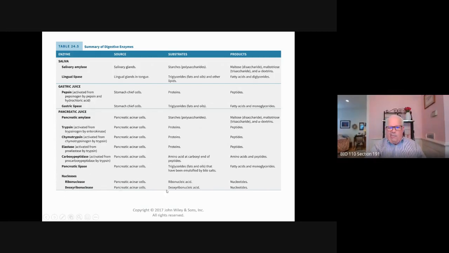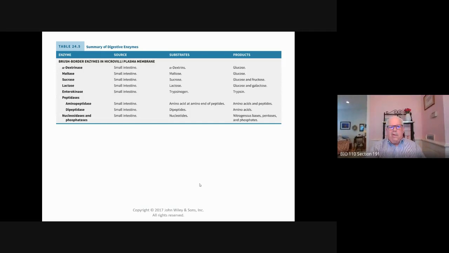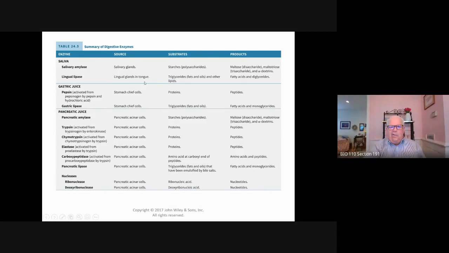The first time nucleic acids are degraded is in the small intestine. Okay? Don't worry about the brush border enzymes. They are not important in the scheme of things. Know this slide.